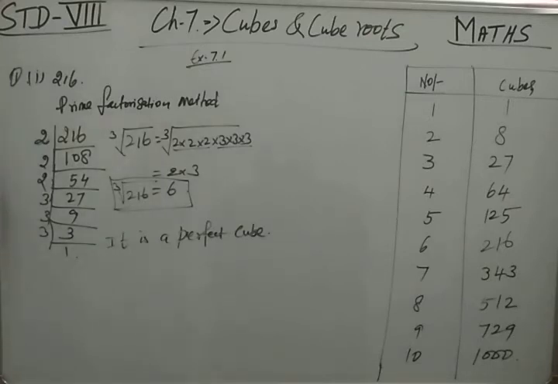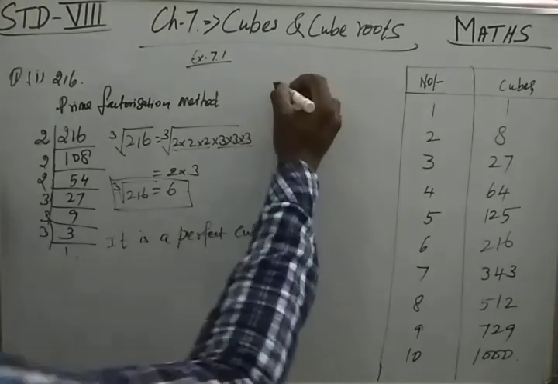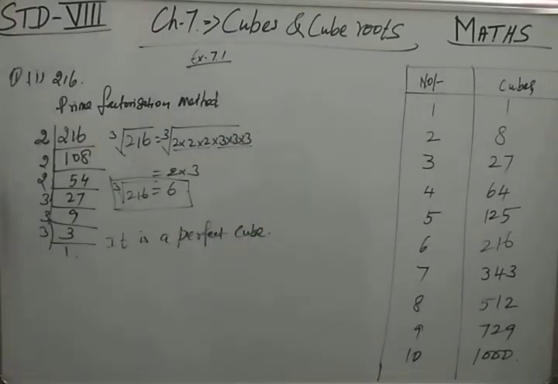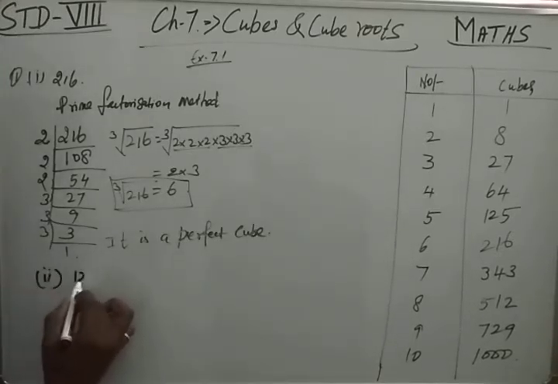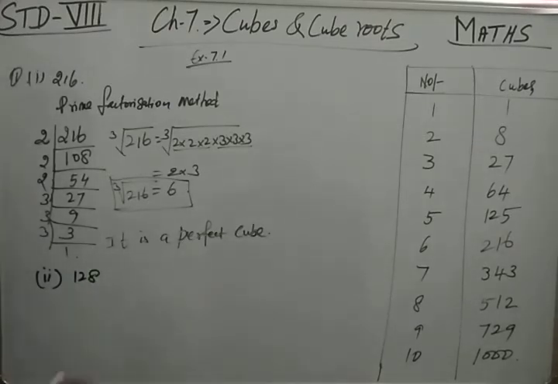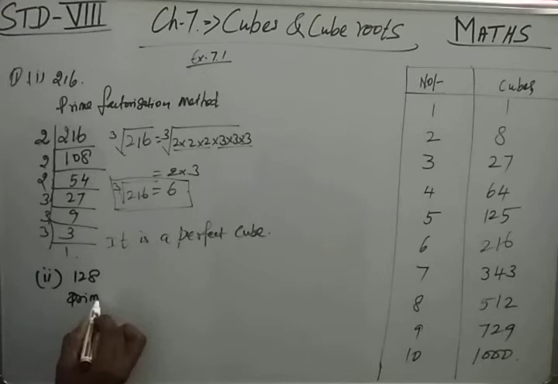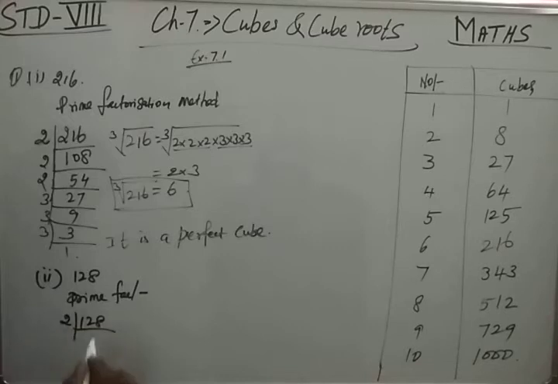Second one they have given is 128. Here also we have to do the prime factorization method. 128, if you divide by 2, what will come? 64. Again 2 table, 32. Again 16. Again 8.